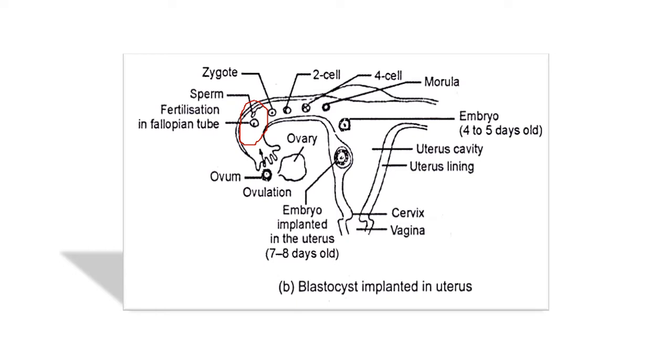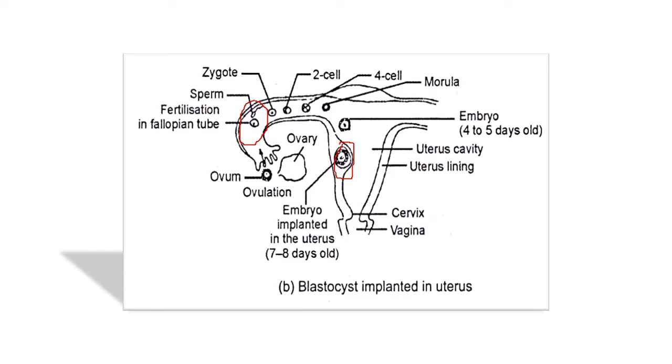The inner wall is called the endometrium. As we know, the reserve food material is negligible or absent, so the embryo depends on the mother to draw nutrients. Once the embryo is implanted in the uterus, pregnancy is considered established.